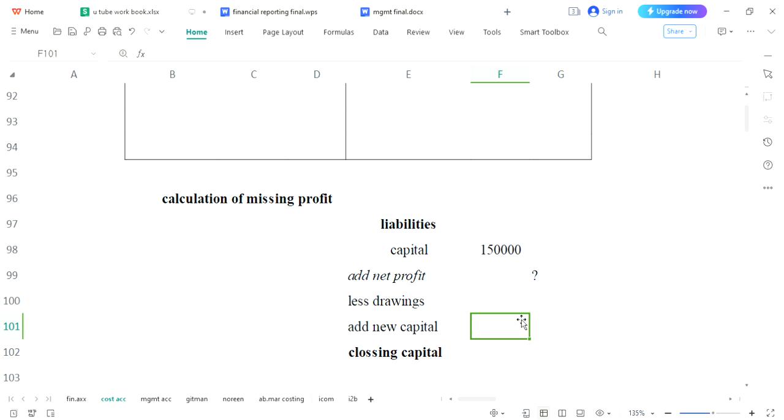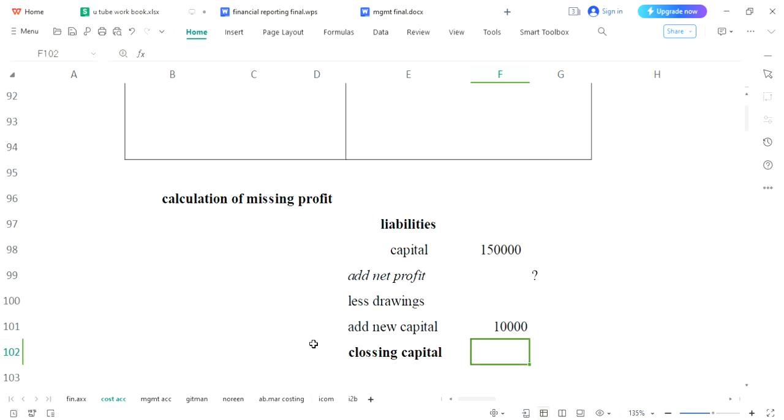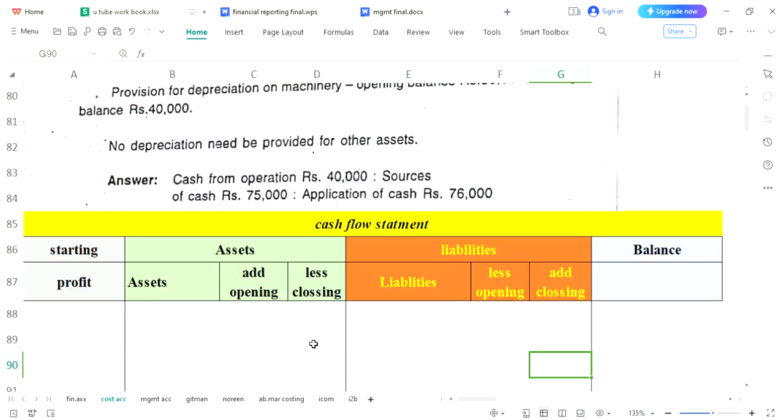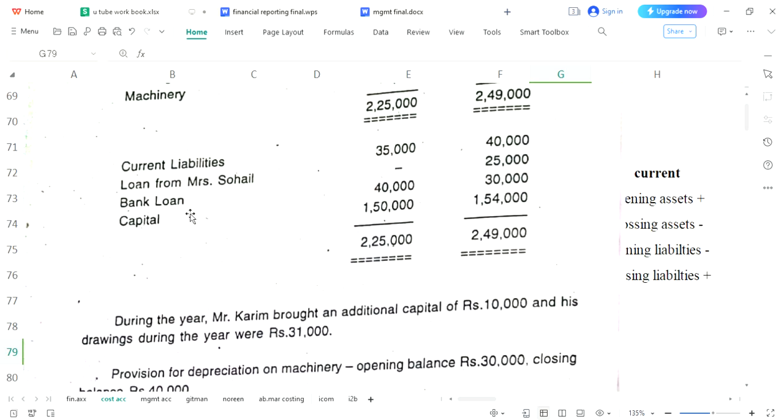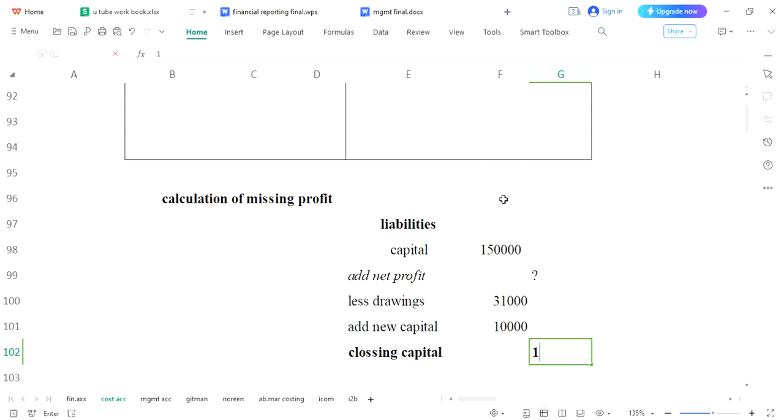So this is our new capital. Then his drawings during the year are 31,000. And finally, look here, capital closing 154,000 is given. So you may write 154,000.